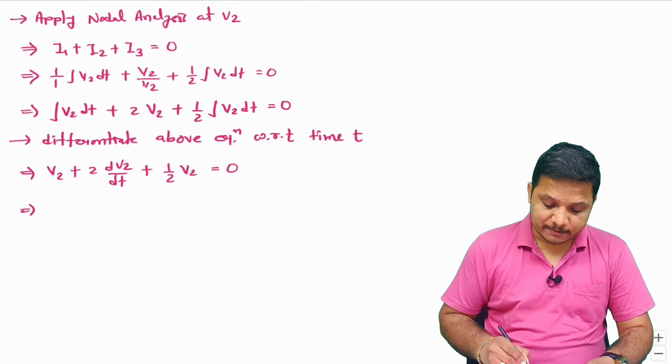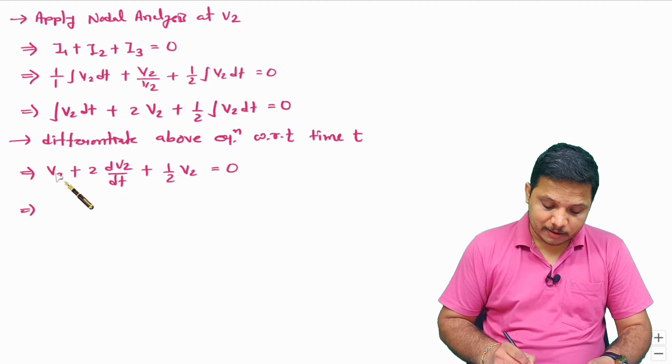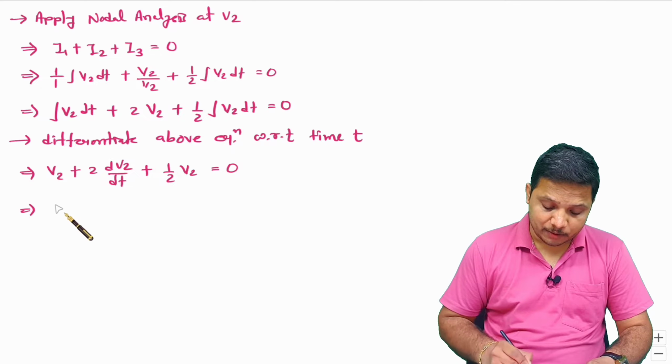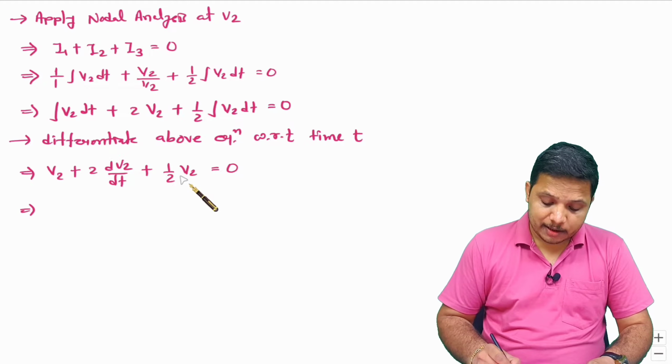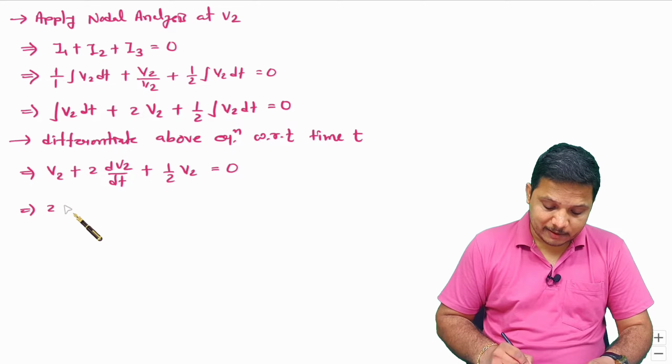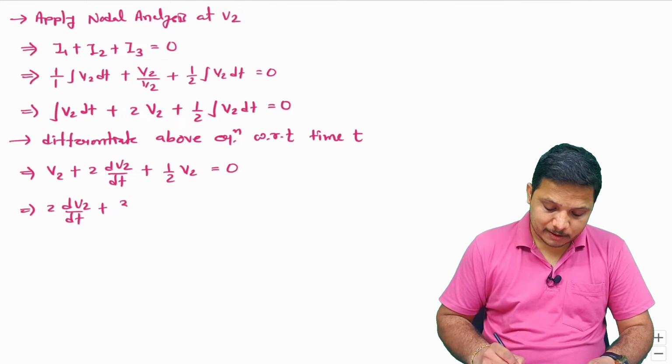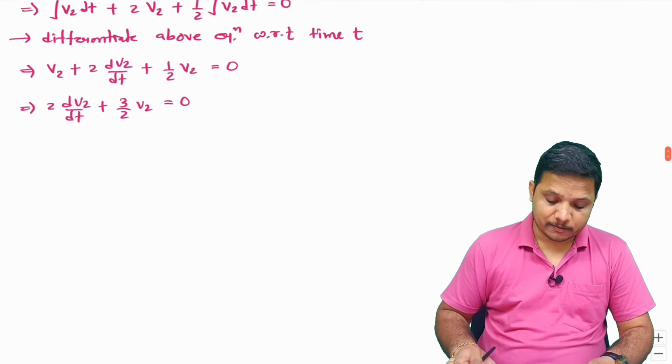Now let us simplify this further. So you see this V2 plus half V2, that will be 3 by 2 V2, and this will be 2 dV2 by dt plus 3 by 2 V2, and that is equals to 0.